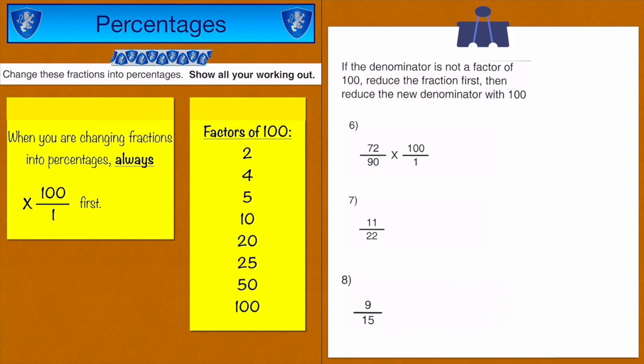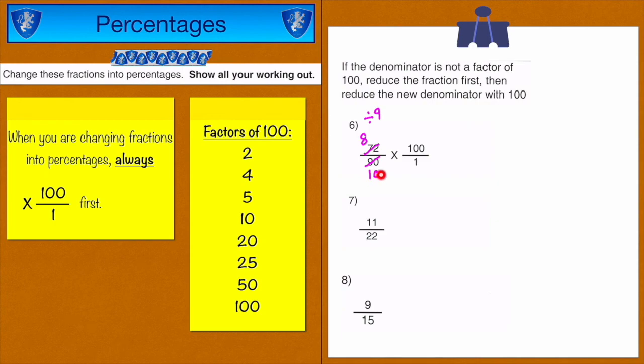Right, now we're going to look at what happens if the bottom number is not a factor of 100. So we've got the first one written out for us. It already says times 100 over 1. Now 90 is not a factor of 100. So what we do is, first of all, we reduce this fraction first. Now 72 and 90 are both in the 9 times table. So if we divide by 9, we've got 8 times 9, and we've got 10 times 9.